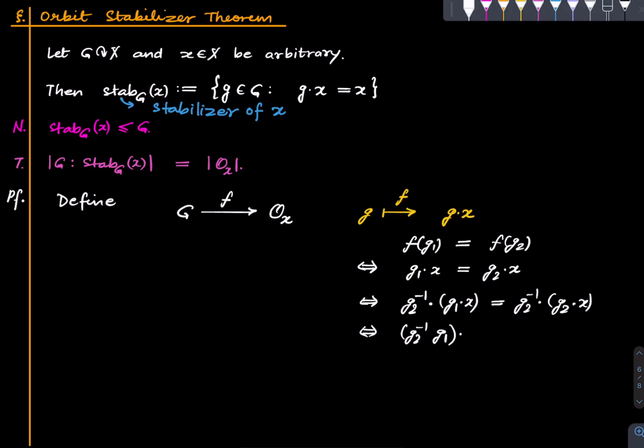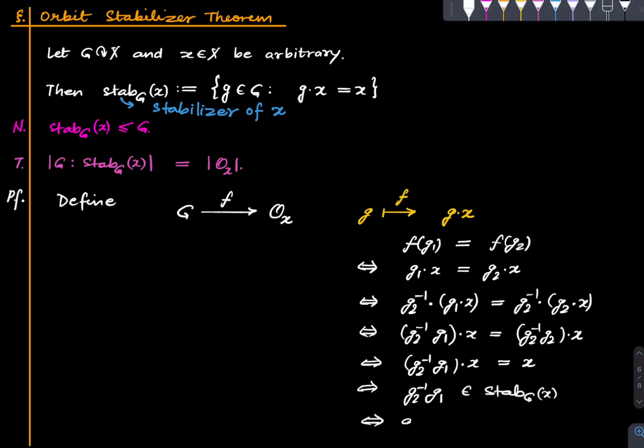This is equal to g2 inverse g2 dot x, which is x. Why? Because this is the identity, and identity dot x is x. So the statement is the same as saying g2 inverse g1 is in the stabilizer of x.